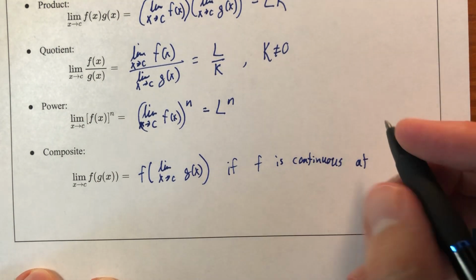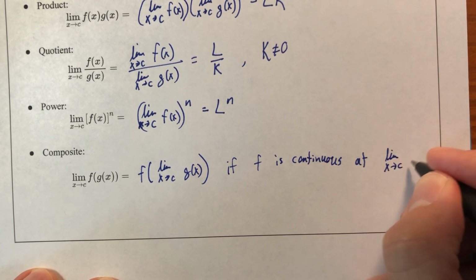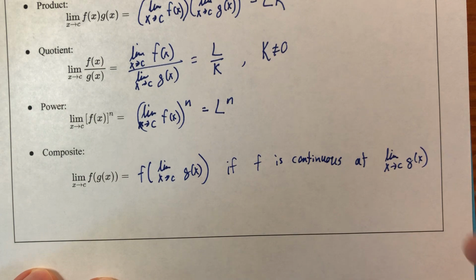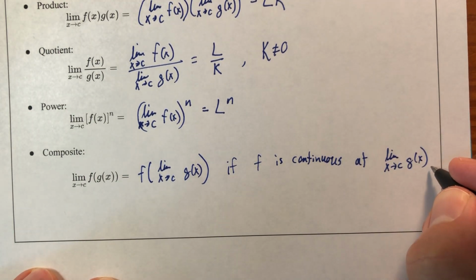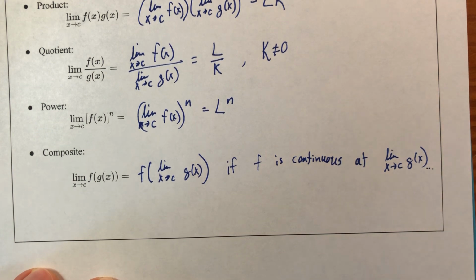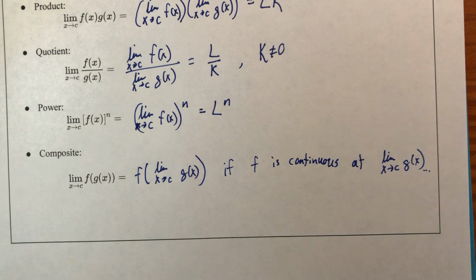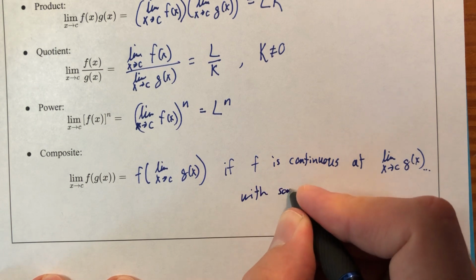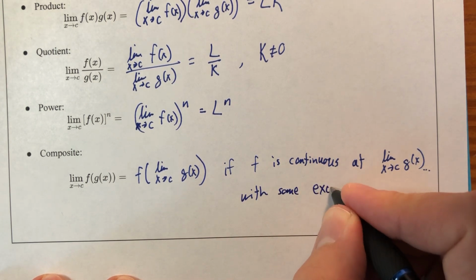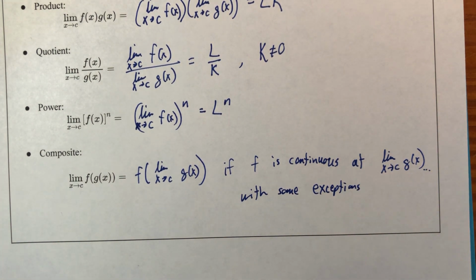Continuity is an issue we'll deal with later, but you'll see what I mean. If it's continuous at that specific output for the limit of the g function. And then I'm going to put dot, dot, dot. I'd gotten this from looking at textbooks and just trying to formalize this as best as I could, but I'm going to put a little exception here by saying with some exceptions. And what are those exceptions? We will explore those in a separate set of problems.